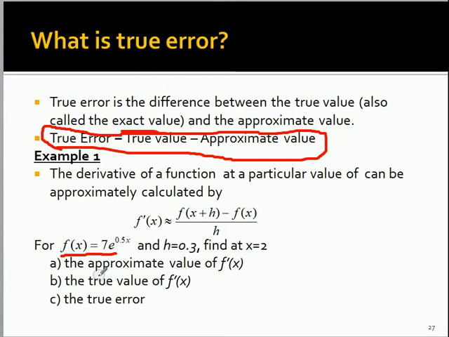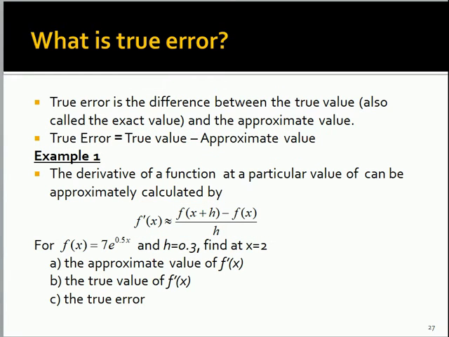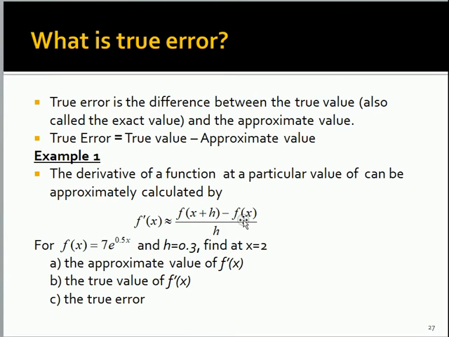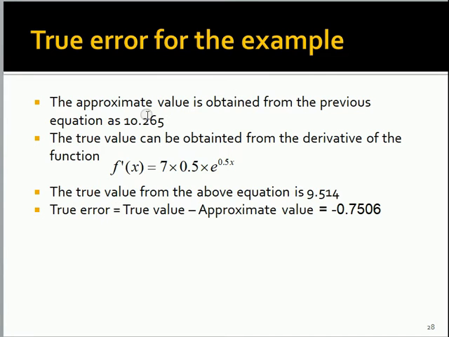So we have to find the approximate value by using this formula, and then we can also find the true value using this. If you use that equation that was written over there, then you would get this value, 10.265.